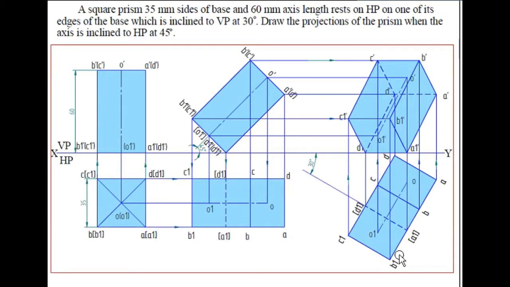The projection lines will be drawn upward, so c1 will be connected with c1 dash, next d1 will be connected with d1 dash, a1 will be connected with a1 dash, b1 will be connected with b1 dash. Similarly, c will be connected with c dash, b will be connected with b dash, d will be connected with d dash, a will be connected with a dash, right? So all the corner points will be marked, right?